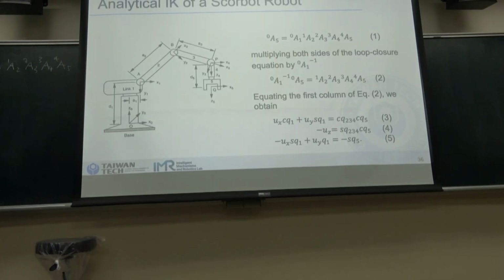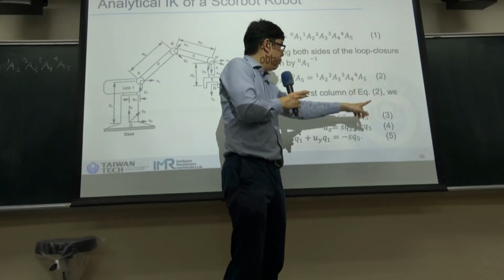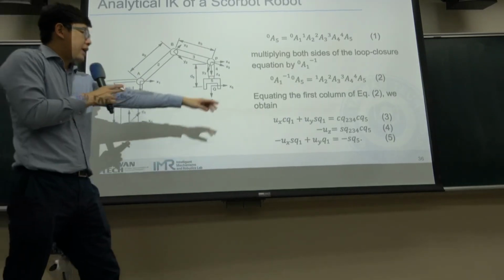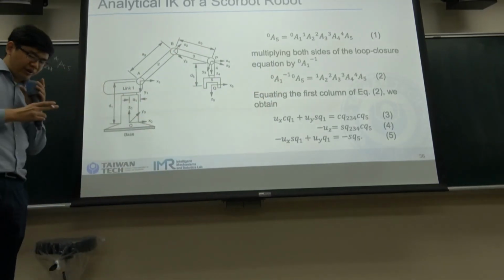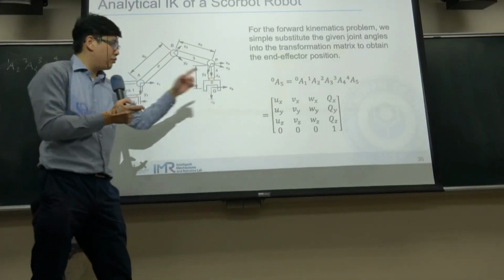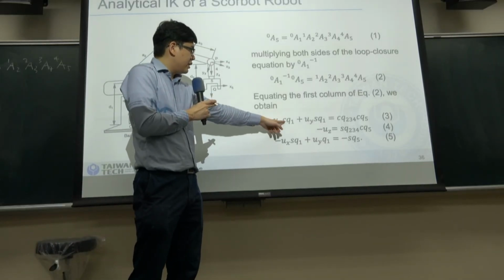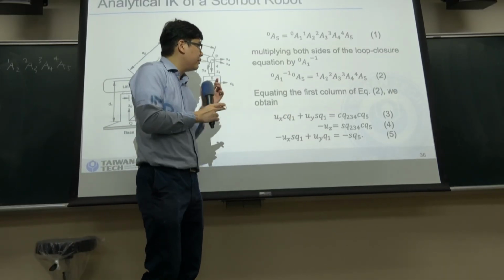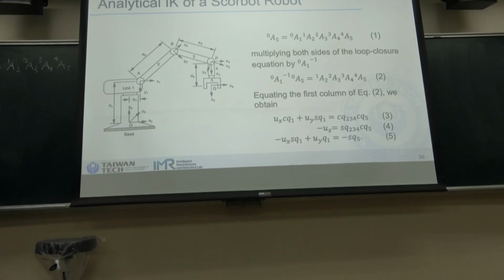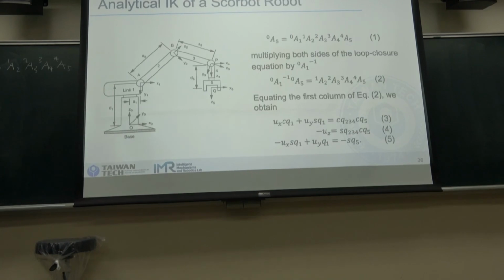These two will be eliminated, and we get A 1 to 5. And we get the first column, for UX, UY, and UZ. Then we can get UX times cosine Q1. We know that A05 is UX, UY, and UZ.